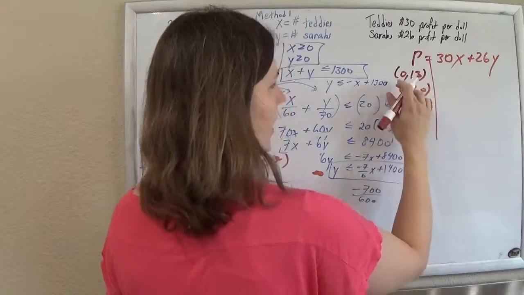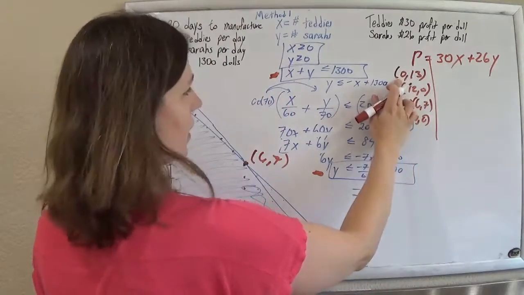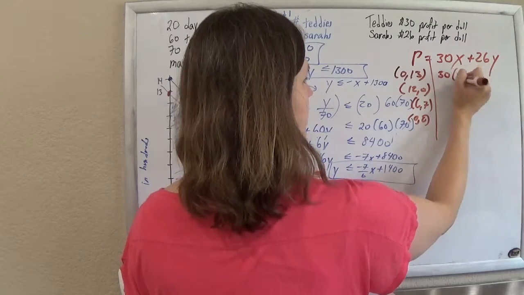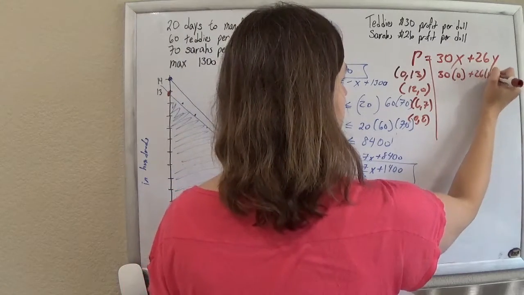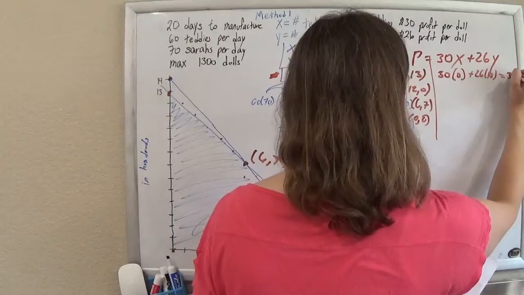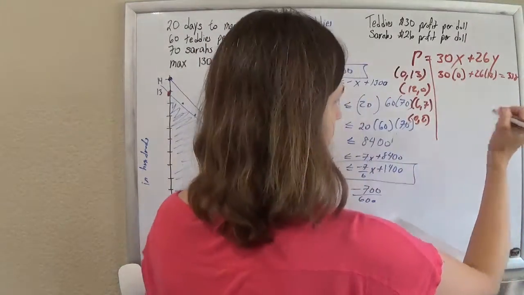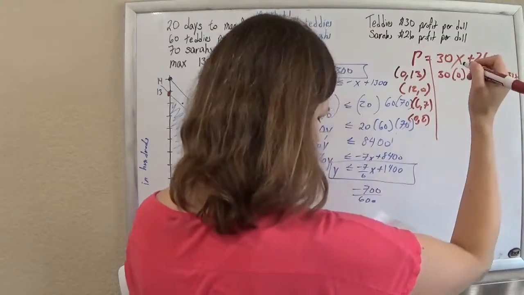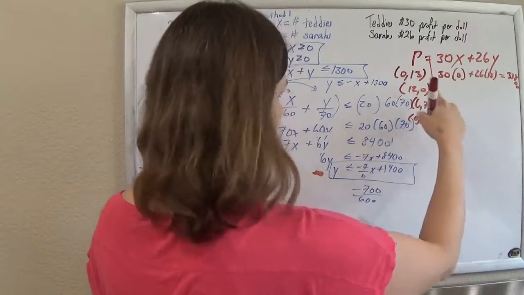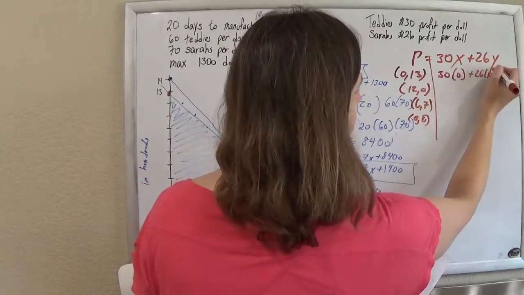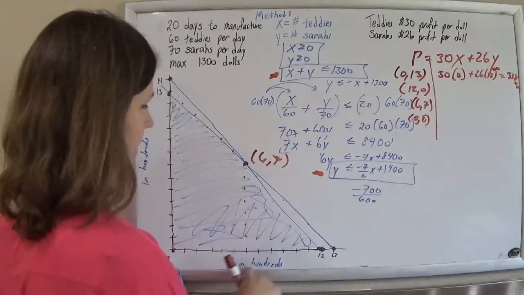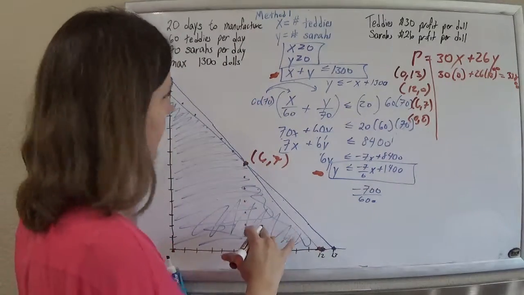So if I make 0 Teddies and 13 Sarahs, that's $30 times 0 plus 26 times 13, and that gives me 338. Oh, and I think we're in hundreds, so 33,800, because all of these were in hundreds, 1300, that 100, because we had to scale it down a bit.